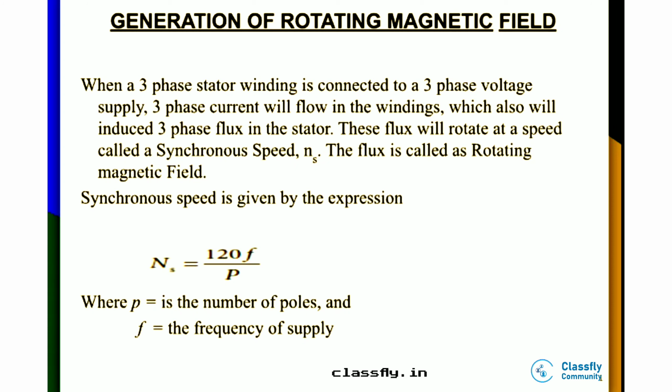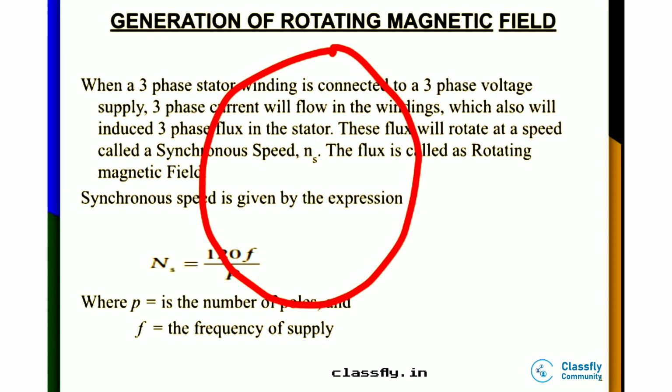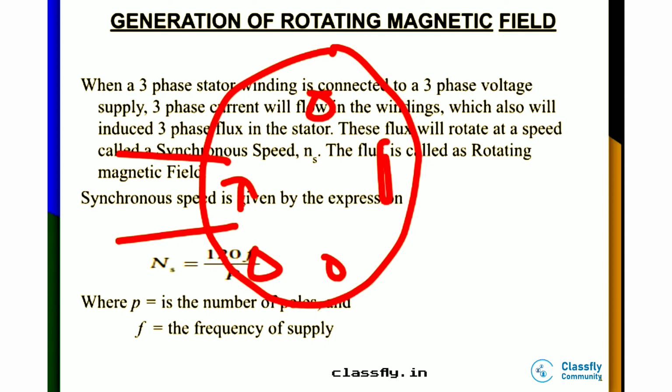So see, it says that when a stator winding is connected to a three-phase voltage supply. We know that in an induction motor there is a stator and there is a rotor, right? So in this stator, we are given the three-phase supply.